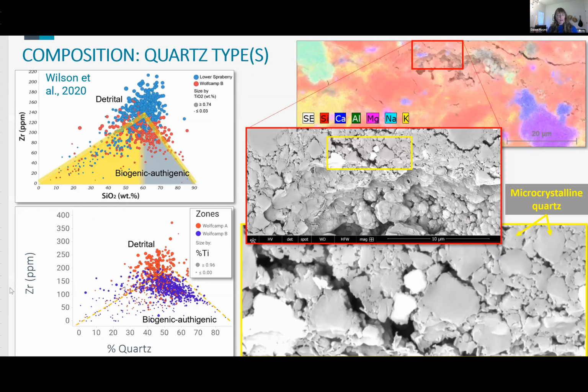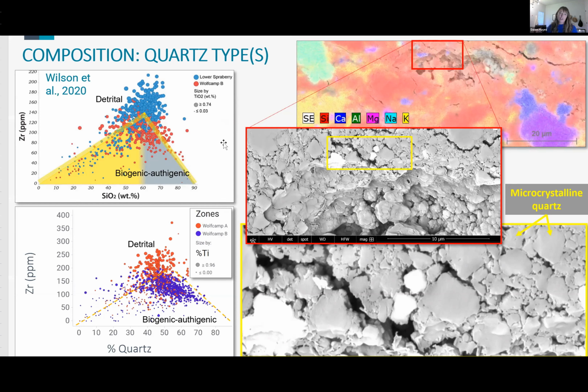Something else that can differ a little bit, that definitely impacts our pore networks and mechanical properties, is the type of quartz that we see in our mud rocks. The quartz morphology in the Permian varies, and this can make your rock more chert-like or more claystone-like, and it can also influence the pore networks. On the left, I have a couple of diagrams showing zirconium versus silicon dioxide, sized by the percentage of titanium.